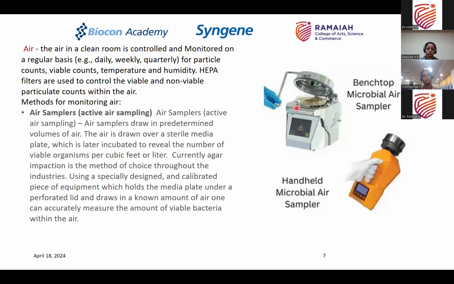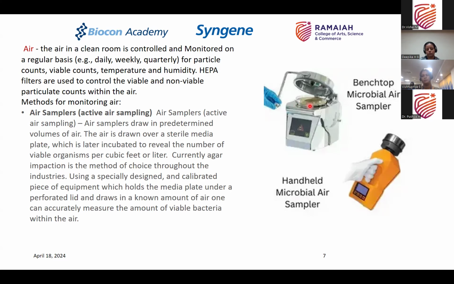So here we are going to provide a plate containing the media. For bacteria, the media are different. For fungi, the media are different. If you want to see which fungi or which bacteria are there, prepare the appropriate media, sterilize the media, place it in this, and suck the air using this sampler. Once the microorganisms have adhered on the surface of the media, take it out and incubate at the appropriate temperature.